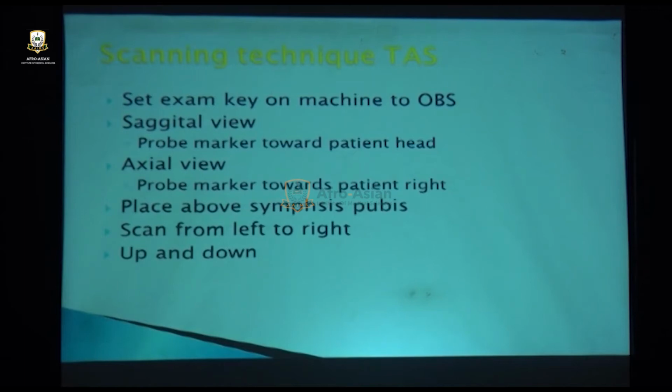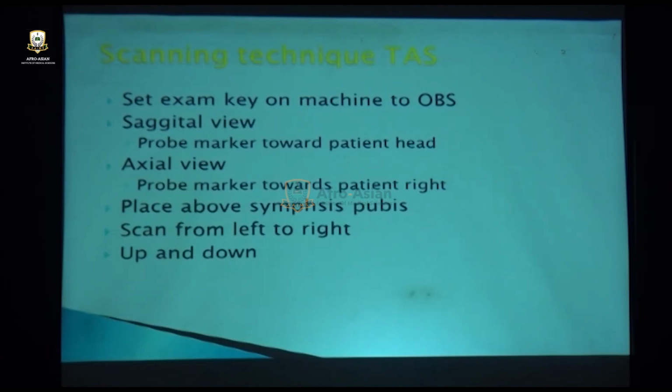So select the machine to obs, and then there is a sagittal view, and then there is an axial view. Always scan in both planes. In sagittal view, the probe marker is very important. I have seen several times, even postgraduate students, when asked to scan independently, hold the probe upside down, or some hold it straight, or do something else.